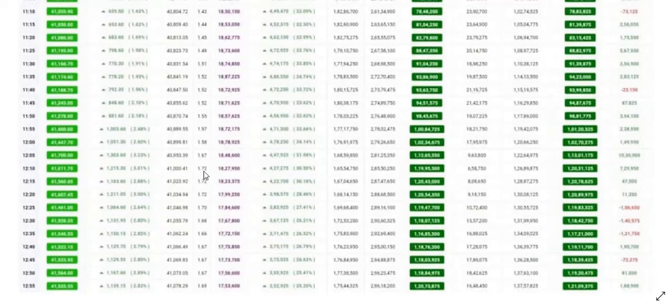So the PCR of 1.72 is extremely high, as we have discussed in our PCR video. If PCR goes from like 1.72 to 1.7 to 1.9, the value of PCR is extremely high, and then we can expect a kind of correction in markets. The time over here is somewhere between 12 p.m. to 12:15 p.m. The PCR is extremely high.